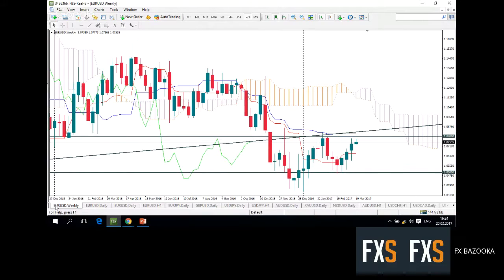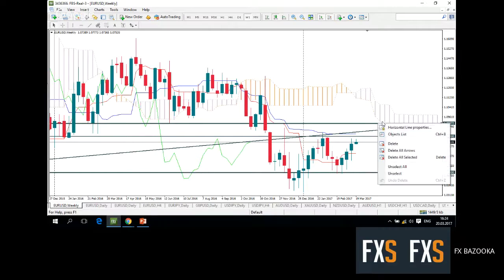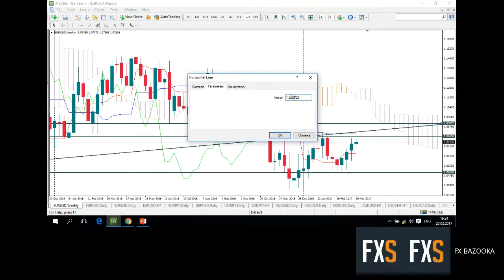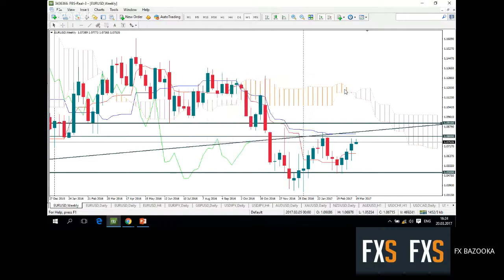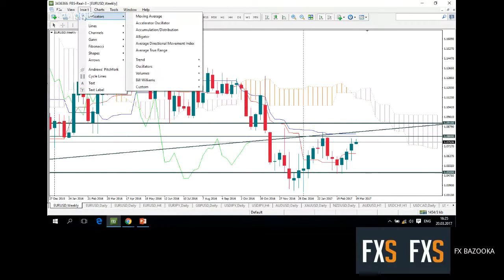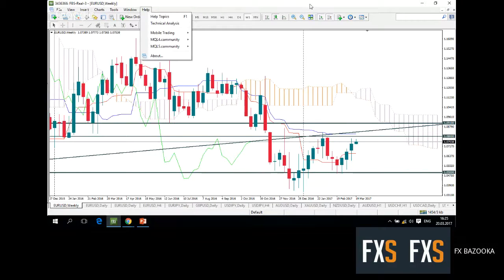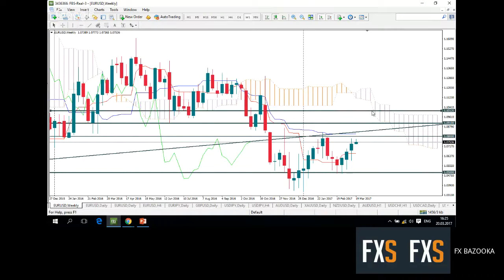Probably better to see here. These levels will be around 109.10, 109.70. Here it is.